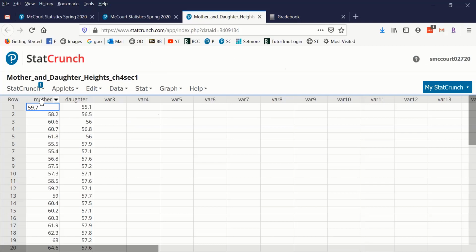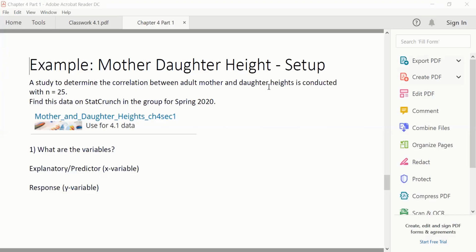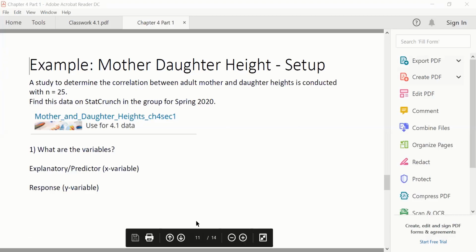So we have two variables, mother and daughter. So going back to our PowerPoint, the two variables are mother and daughter.